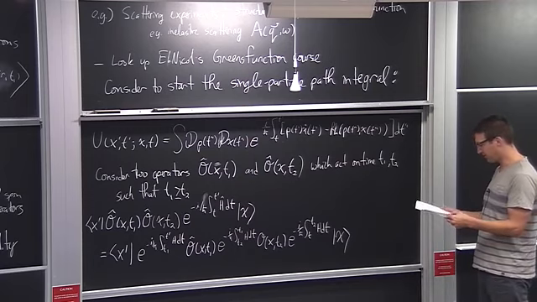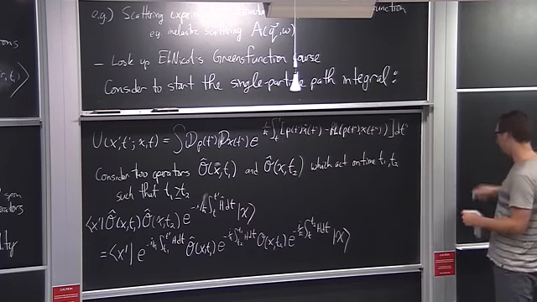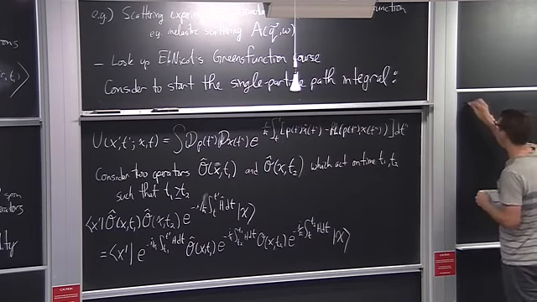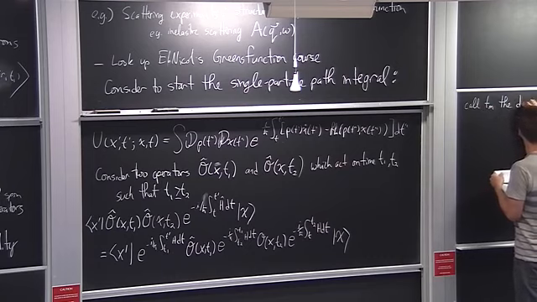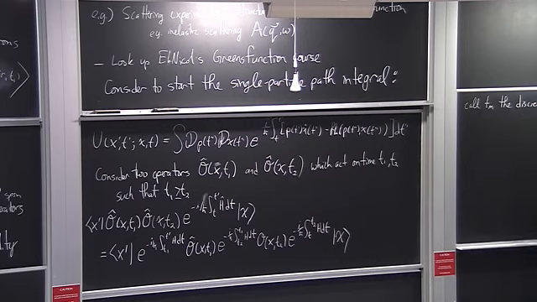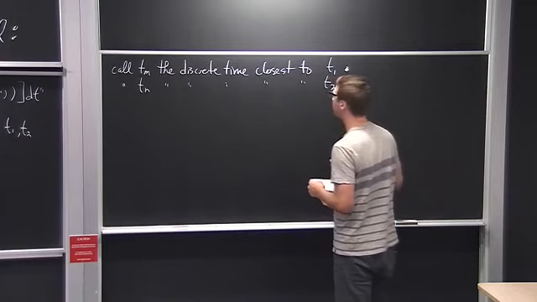Right, so let's look at those discrete times. Let's call them Tm and Tn, T2.